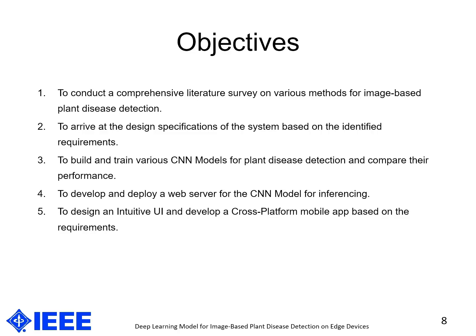To arrive at the design specifications of the system based on identified requirements, and to build and train various CNN models for plant disease detection and compare their performance. Other things were to develop and deploy a web server for the CNN model for inferencing, and to design an intuitive UI to develop a cross-platform mobile app based on the requirements.